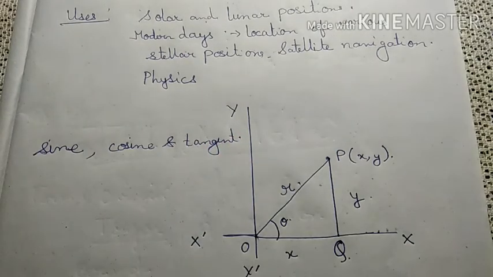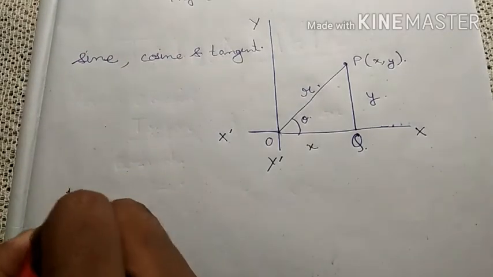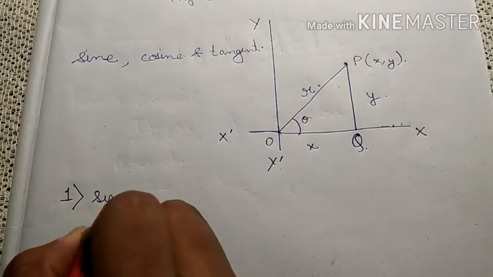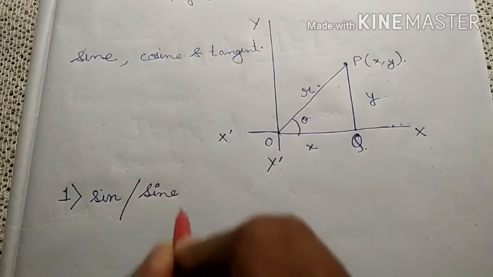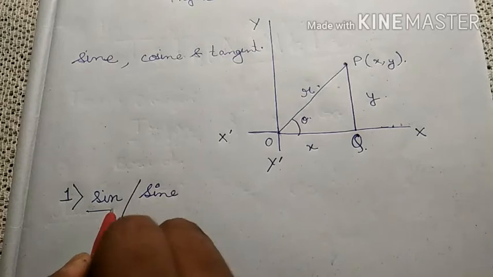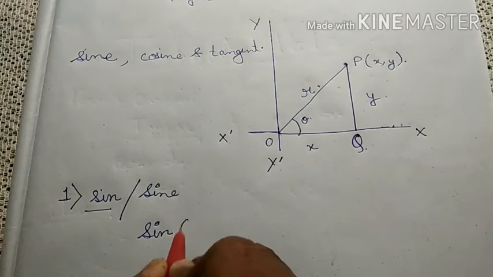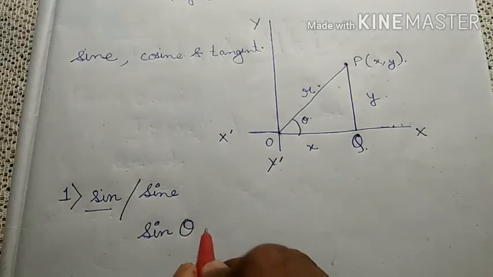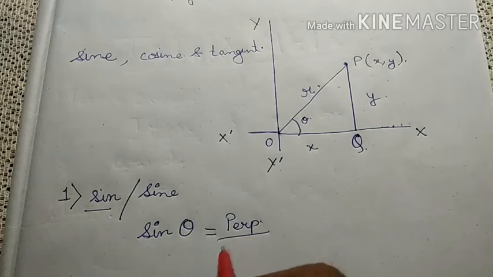Okay. Now the first one is sine. We basically represent it with this, sin. Then sine of the angle theta is equal to the ratio of perpendicular by hypotenuse.